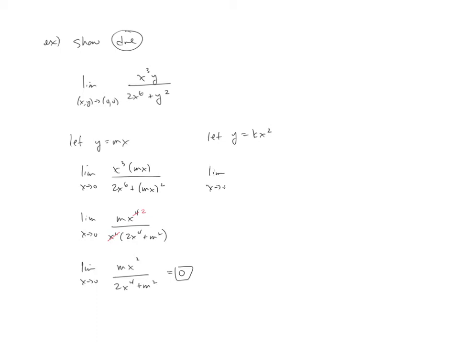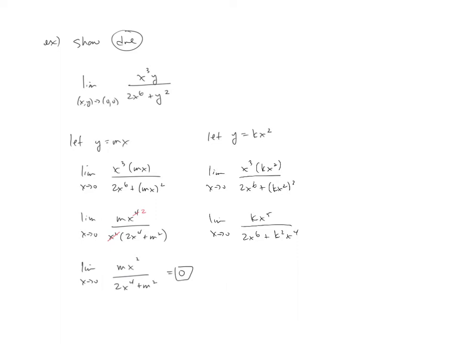I'll do the same thing as before. Limit as x goes to 0. We'll have our x cubed and our kx squared over 2x to the 6th plus kx squared squared. Now let's simplify it a little bit. That's going to be kx to the 5th over 2x to the 6th plus k squared x to the 4th.